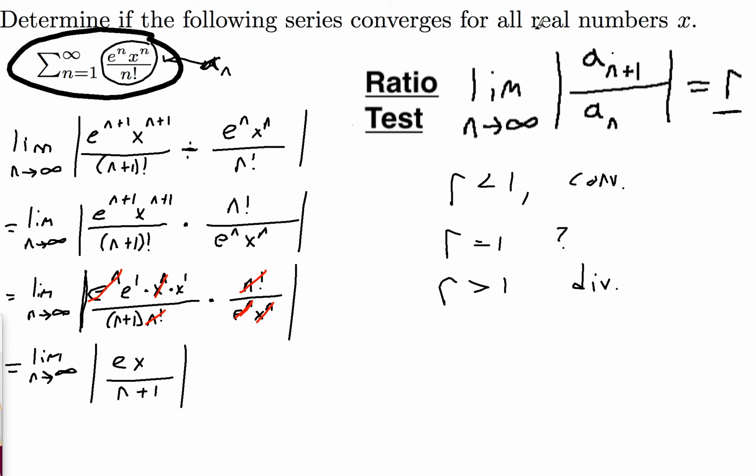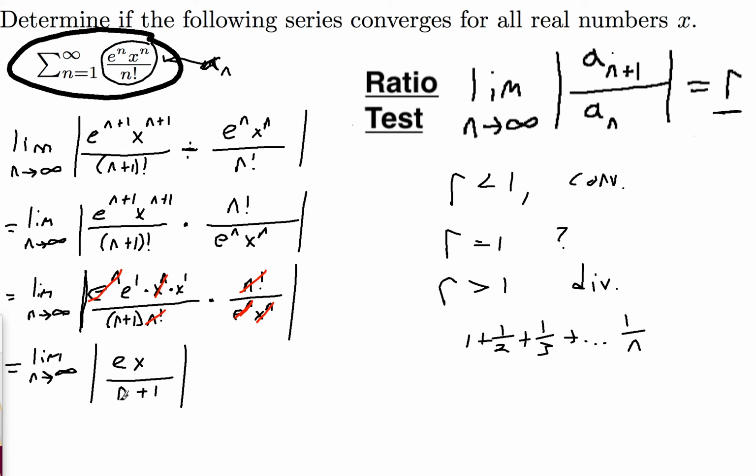Now x could be any real number, but it's actually not going to matter, because if we're dividing it by n plus 1 as n goes to infinity, this is the same thing as what we were seeing at the very beginning with that simple series. Remember, we said this converges because as n goes to infinity, you're adding smaller and smaller terms.